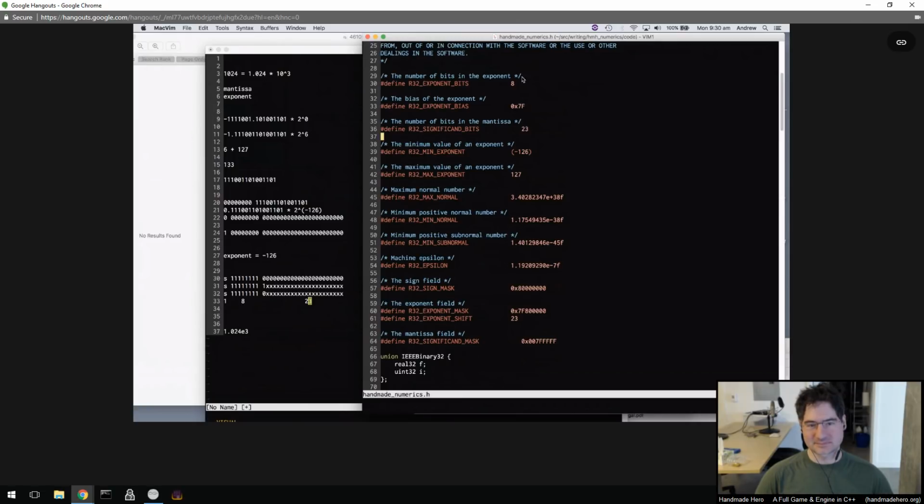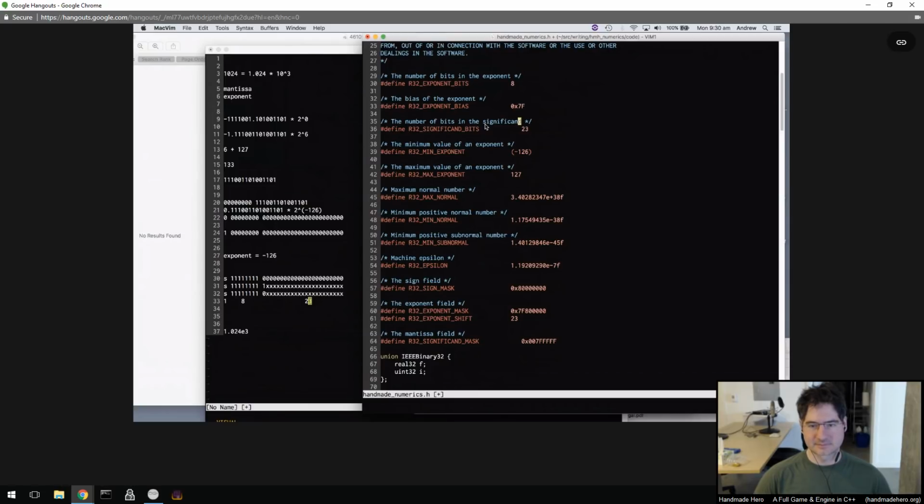The main things here are the number of bits in the exponent, and the bias for the exponent, which by the way is always 2 to the number of exponent bits minus 1, for any floating point format. The significand bits, it's not the mantissa, it's the significand. And the mantissa is the number of bits in this plus 1, because it's 1 point something.